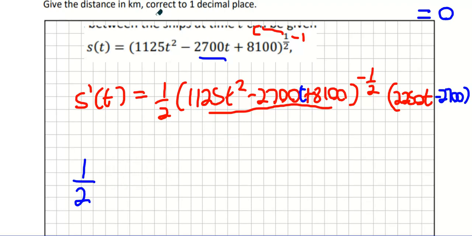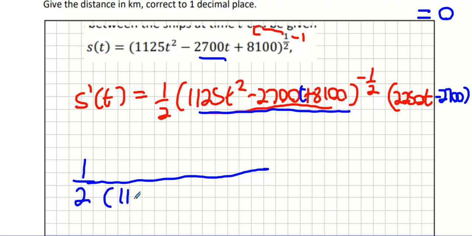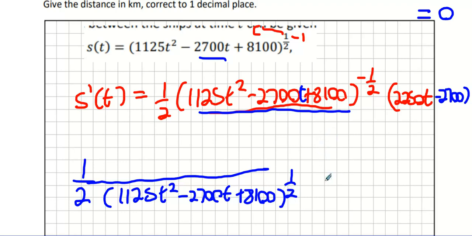This whole part here is going to be underneath, so it's all divided by 1125 t squared minus 2700 t plus 8100, and that's going to be to the power of plus a half now because it ended up on the bottom. And then we still have the 2250 t minus 2700 on top.